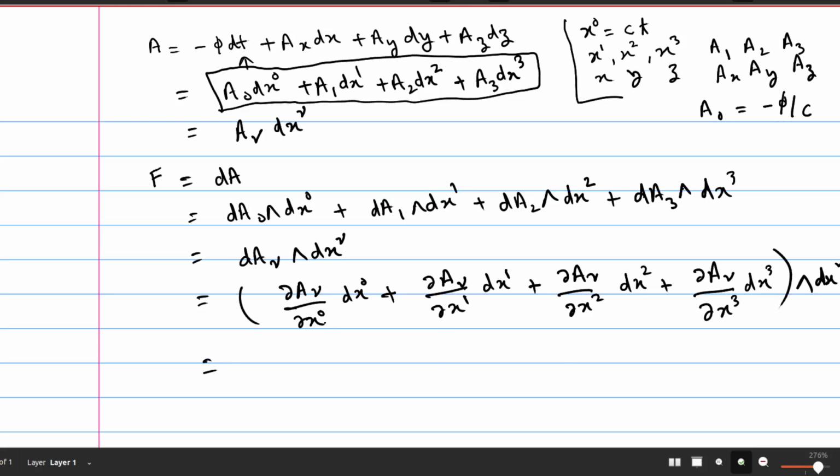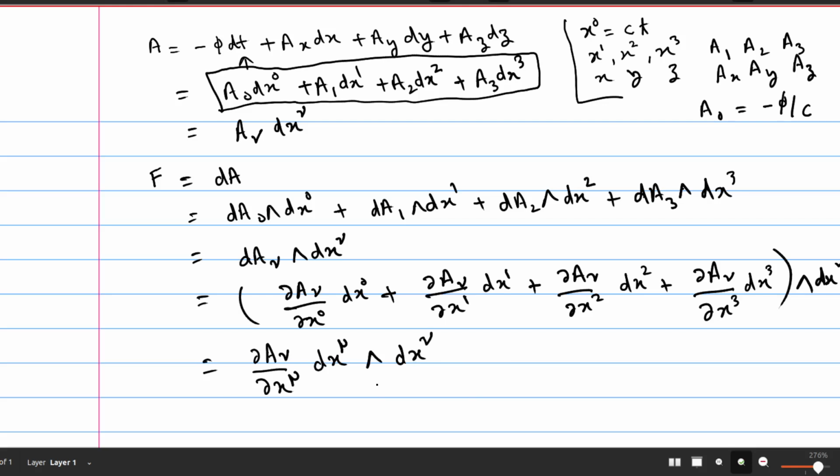Again, this expression in the brackets we can write using Einstein's summation convention as del A nu del x mu dx mu, and then we can wedge it with dx nu.